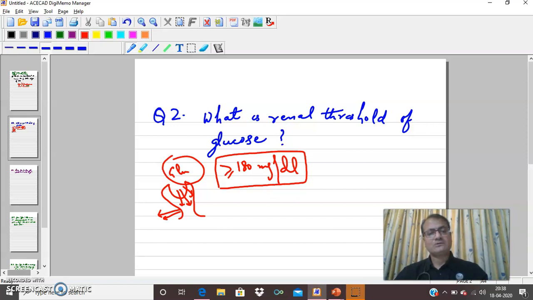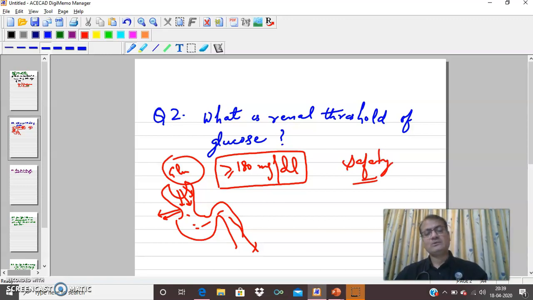So this glucose starts moving ahead into the nephron, and finally it is out into the urine, right? You can say that we have a safety valve here in the kidneys. If the plasma glucose rises above 180 milligrams per deciliter, the rate of filtration will be more than the rate of reabsorption, and therefore the glucose will move ahead into the nephron and ultimately go out into the urine.